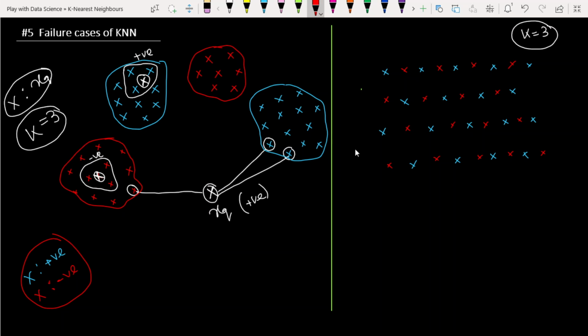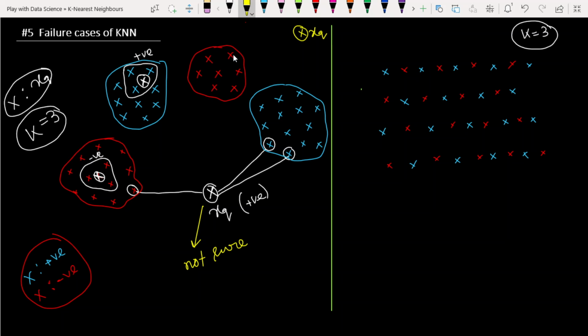Now let's see this kind of data set. Here we are actually not sure about this data. The general definition of KNN will fail, but we can resolve this issue by doing some simple mathematics, applying some hacks of mathematics. The same thing happens here. Suppose our query point is here.